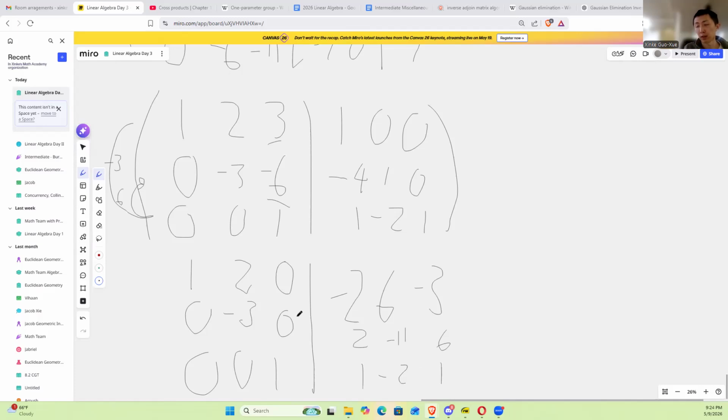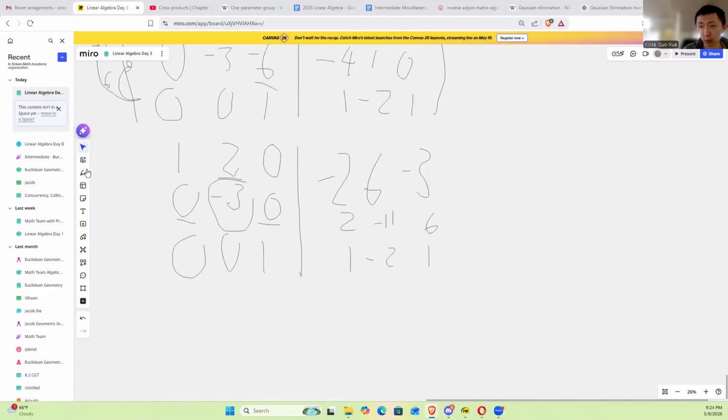Finally, we use the second row, which now has a 0 here and a 0 here, to get rid of the entry here. We need to multiply by 2/3 and add it. On the right, this will be 1, 0, 0, 0, 1, 0, 0, 0, 1, times 2/3.